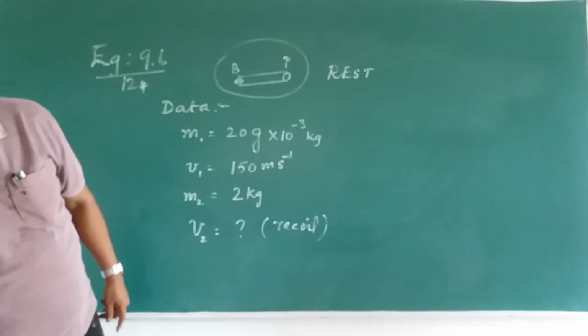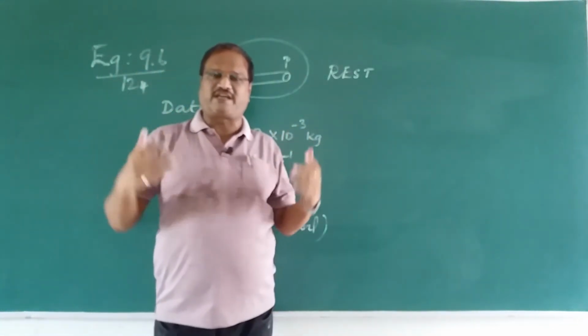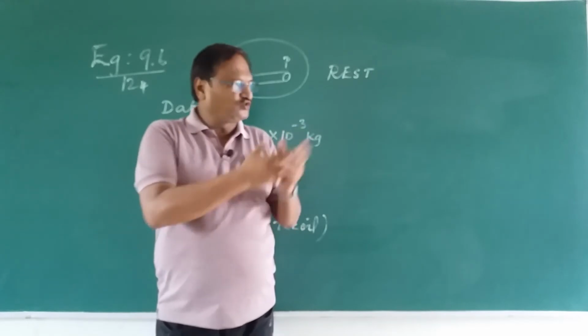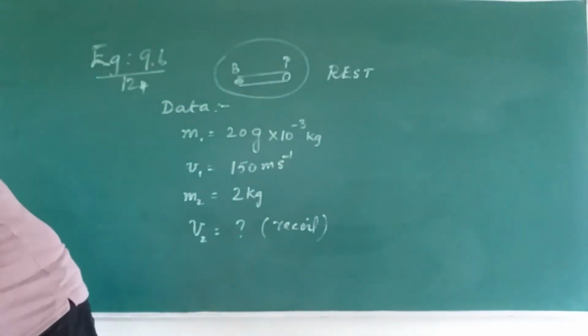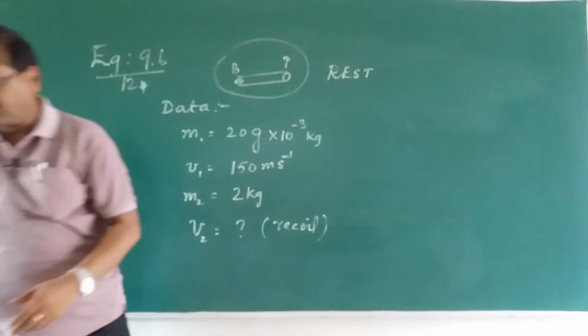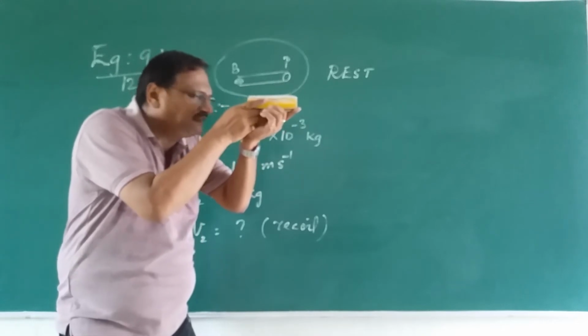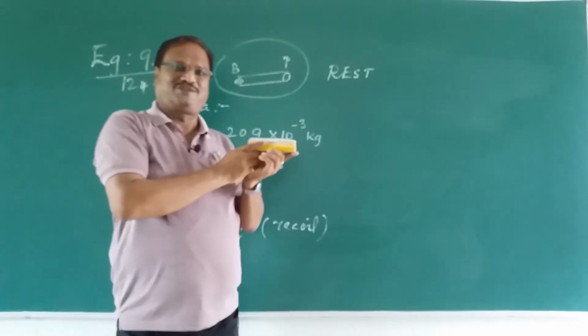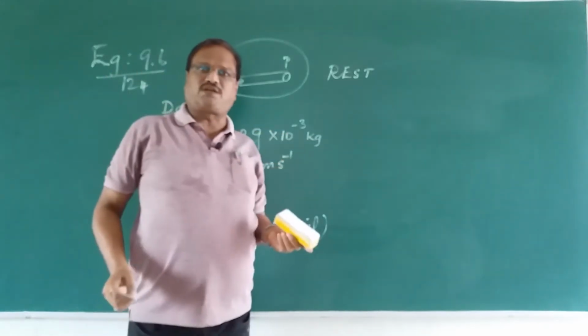Dear students, let us be clear about it. When you join the army or navy or air force, or whenever you use a pistol, will I keep the pistol like this and shoot? No. If I trigger it, your nose will be broken.